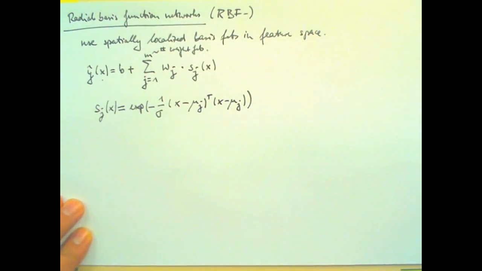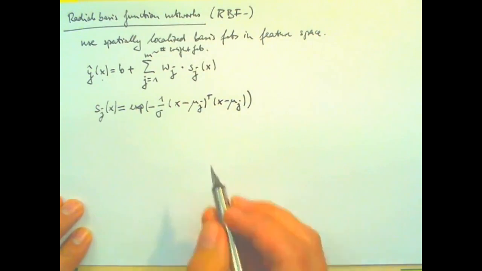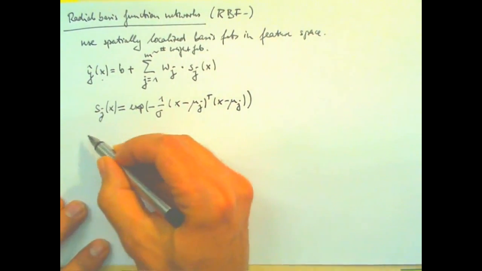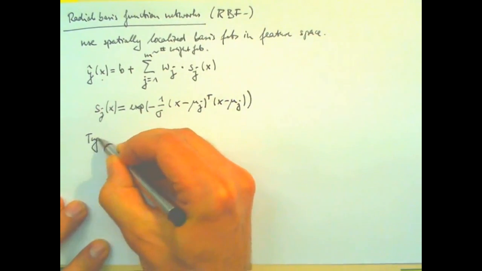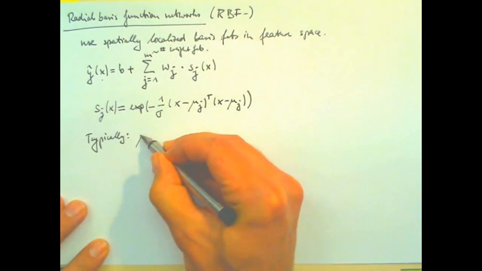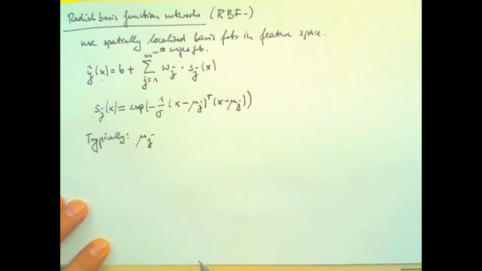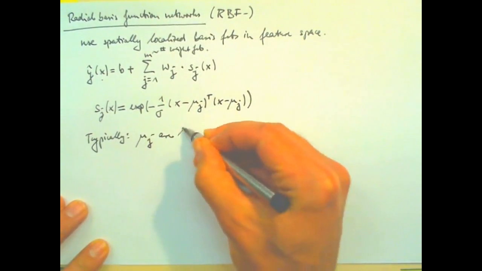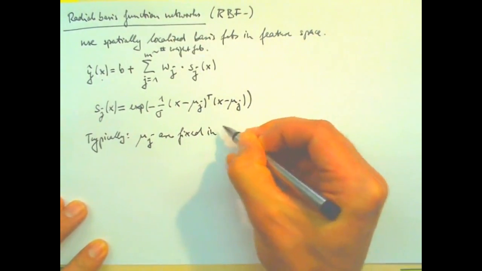And in this type of networks, the centers of the basis functions, the mu j, are fixed in advance.